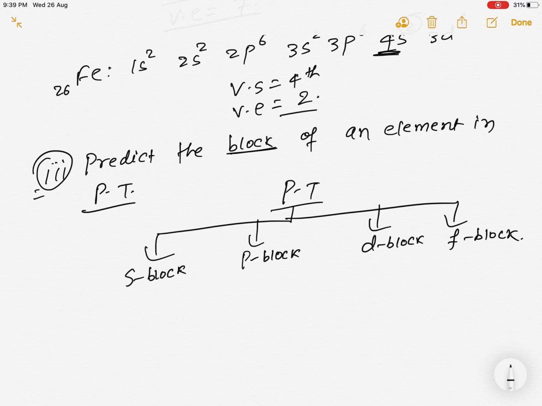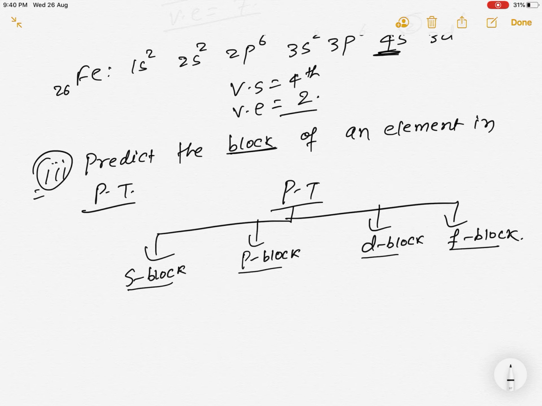If you consider the periodic table to be a society, in the society you might have seen block A, block B, block C, block D, right? Similarly, the periodic table is also divided into 4 blocks.